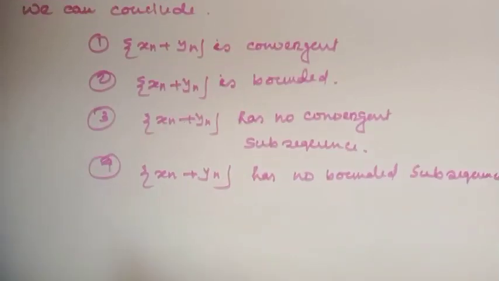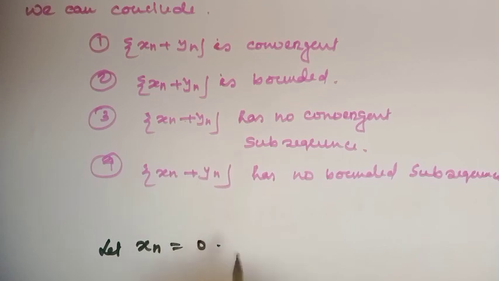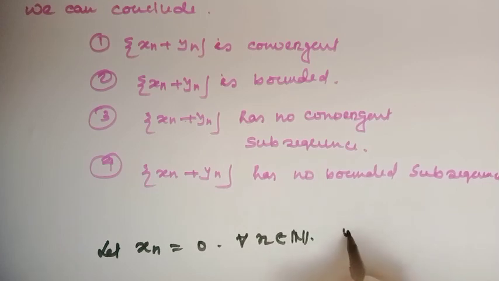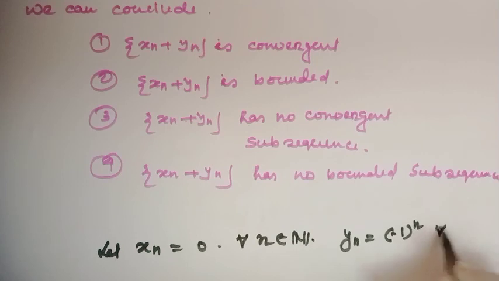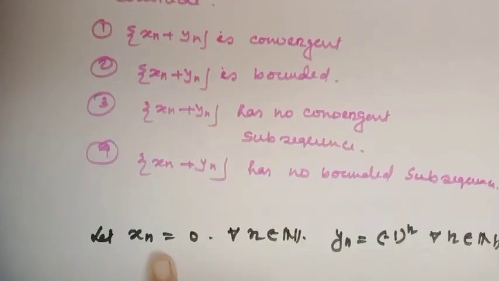Let's consider xn equal to 0 for all n belonging to the natural numbers. Okay? And yn equal to (-1)^n for all n belonging to the natural numbers. Why do we consider xn equal to 0?